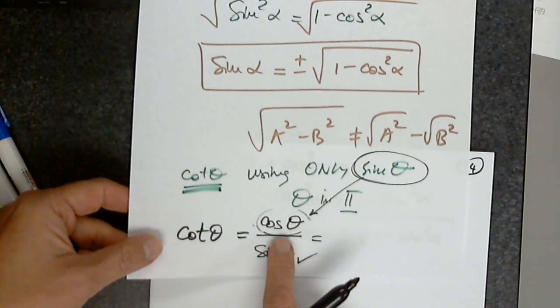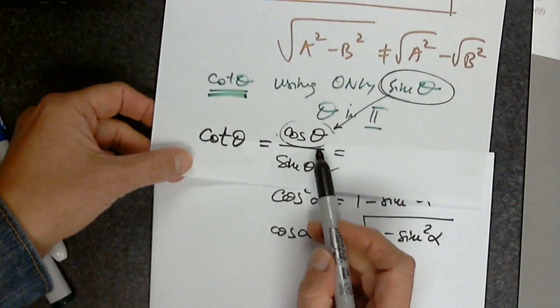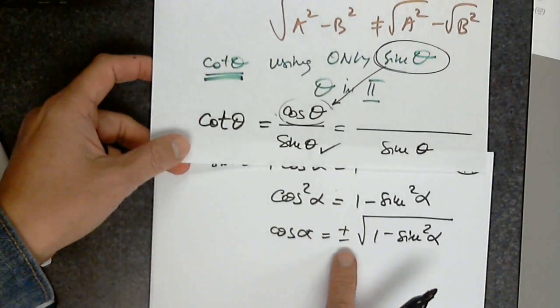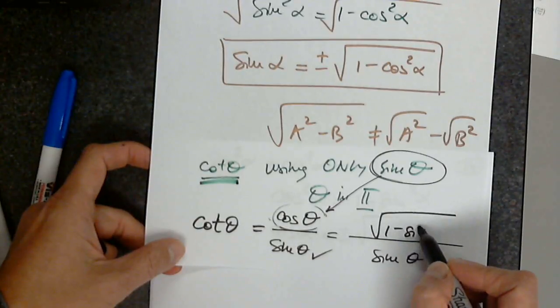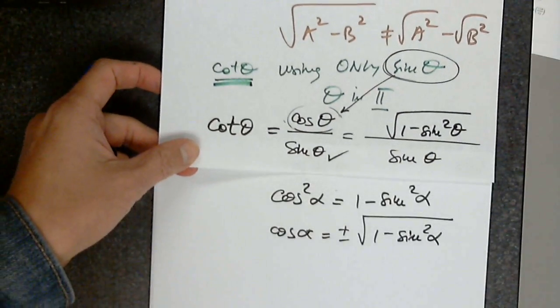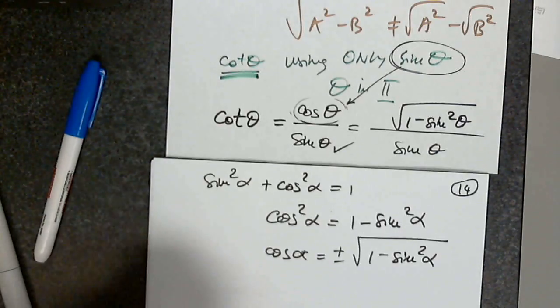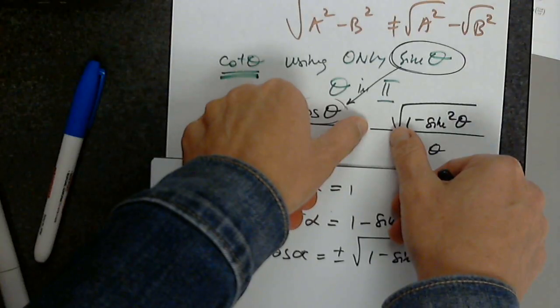So now coming back here, I have to replace cosine theta by this. However, I have a dilemma. Here's my dilemma. And it can only be one. Which one?